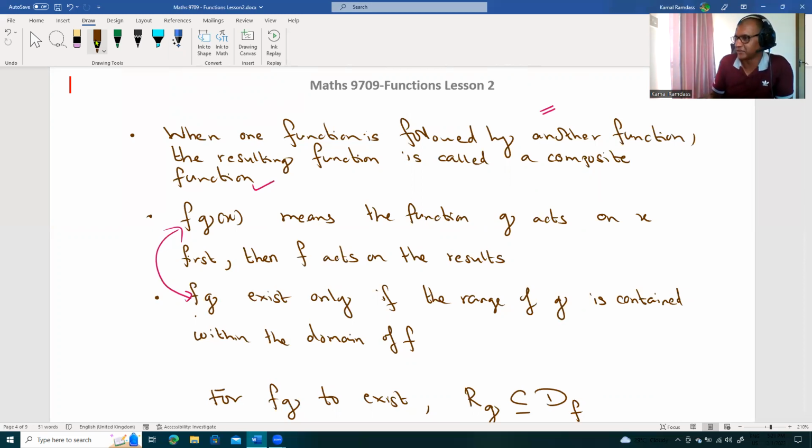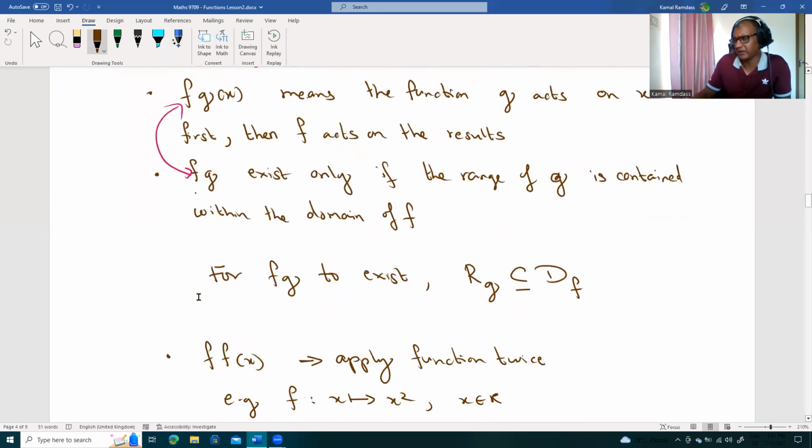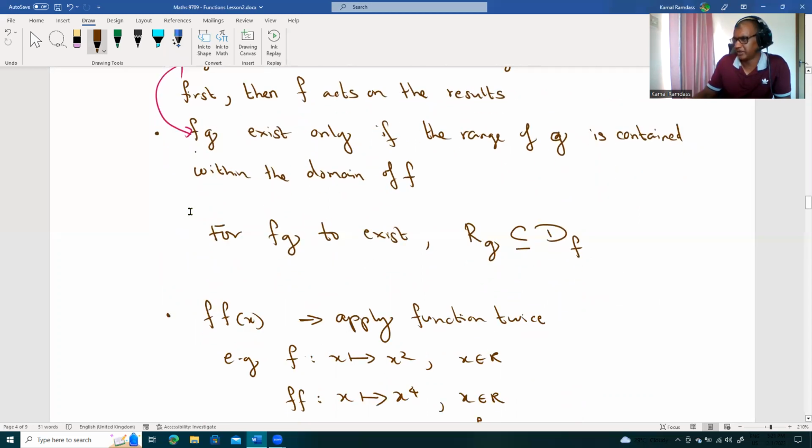F of g exists only if the range of g is contained within the domain of f. This is not a definition that jumps out of my book, but in other books, for f of g to exist, the range of g must be a subset, with the equal sign, a subset of the domain of f. The range of g is a subset of the domain of f.